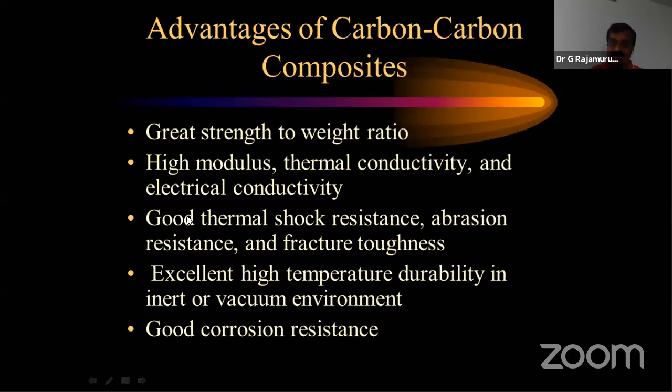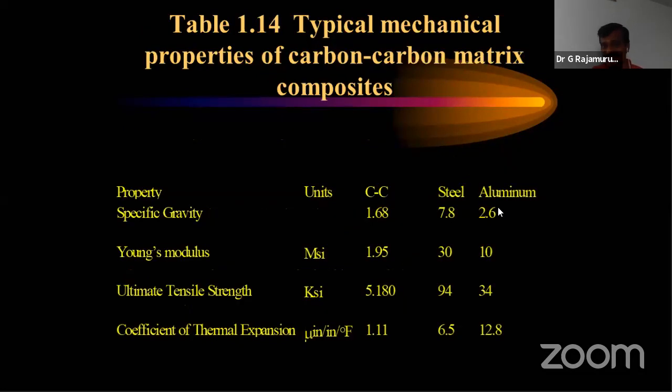The other properties are high modulus, thermal conductivity, electrical conductivity, good thermal shock resistance, abrasive resistance, nothing but wear resistance, excellent fracture strength, and excellent high temperature durability. These are all the different properties of a carbon-carbon matrix composite material.